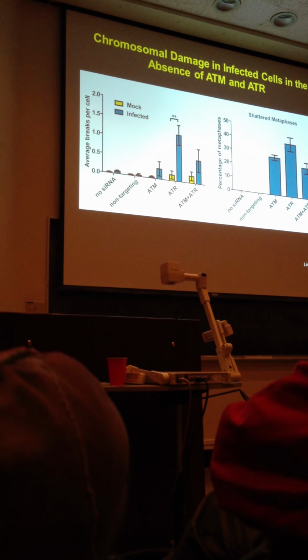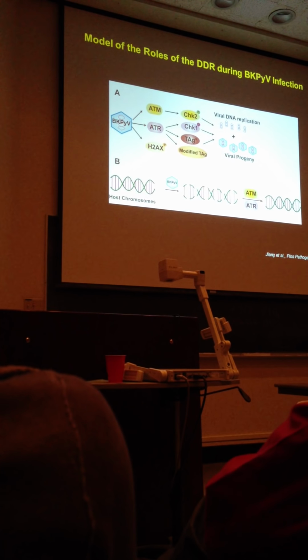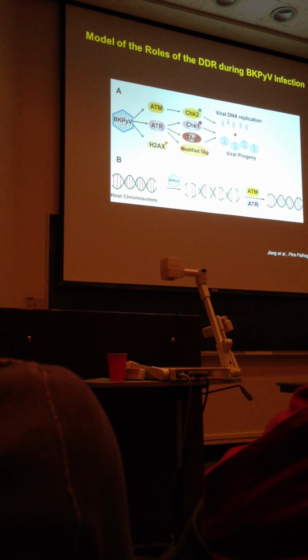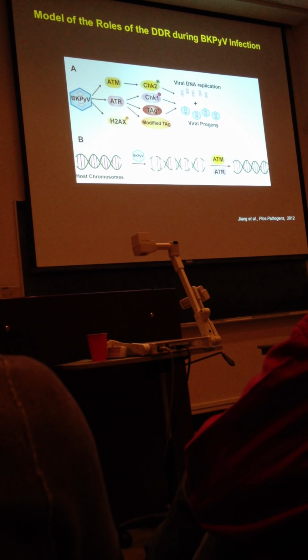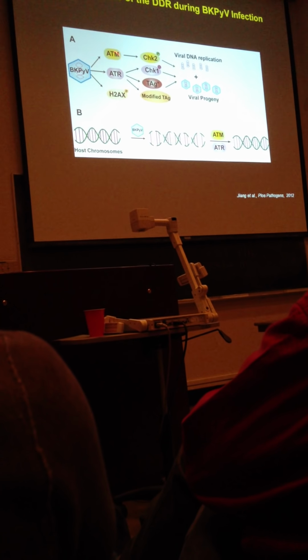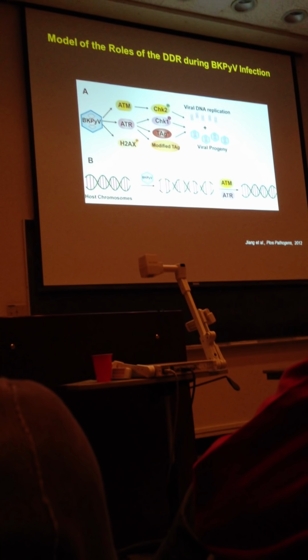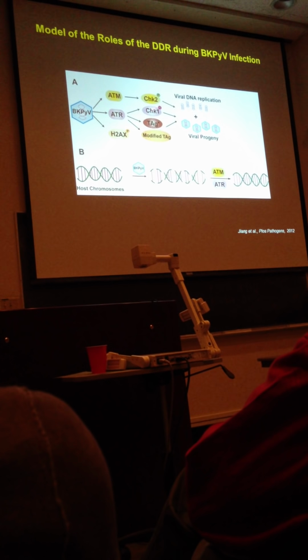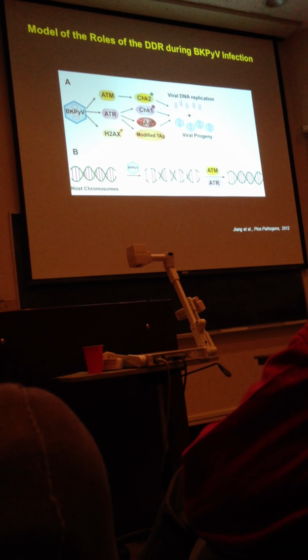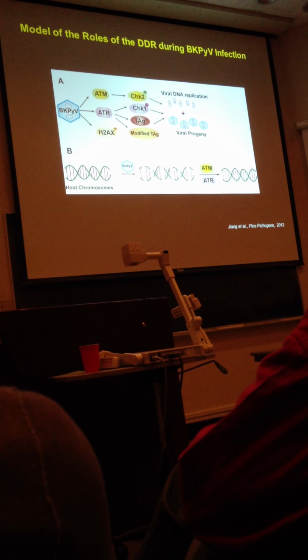So what this really tells us is that there are two parts of the DNA damage response that play a role during the BKV life cycle. The first part, we think, is that the virus infection activates the ATM and ATR response, which leads to the activation of both phospho-CHK2 and phospho-CHK1, and ATR may also contribute to the modified form of T antigen.